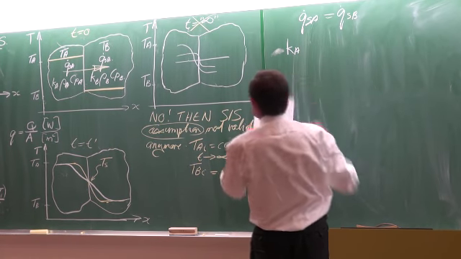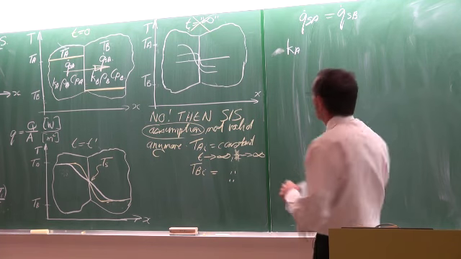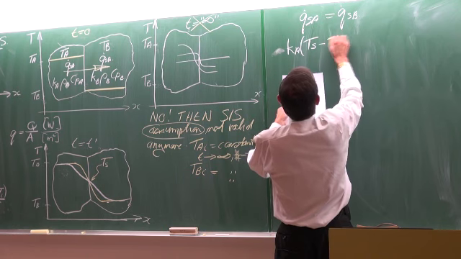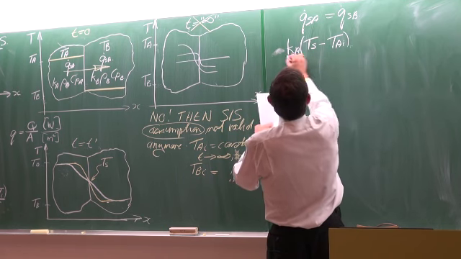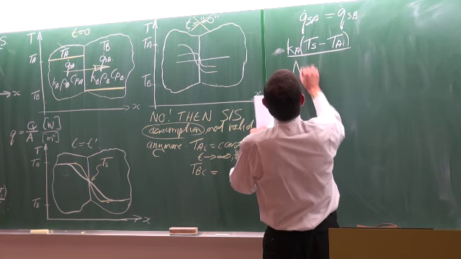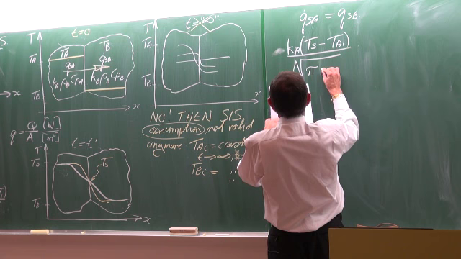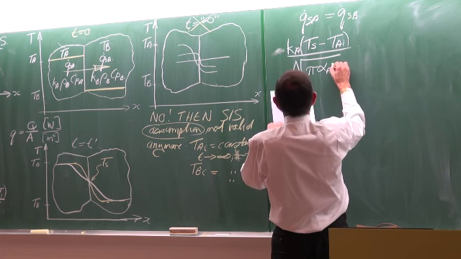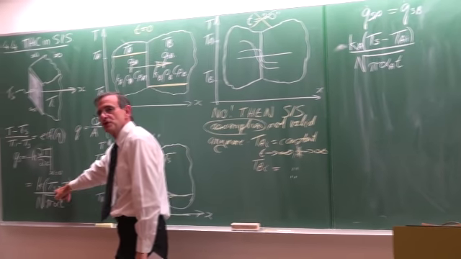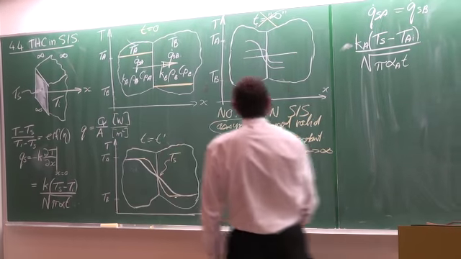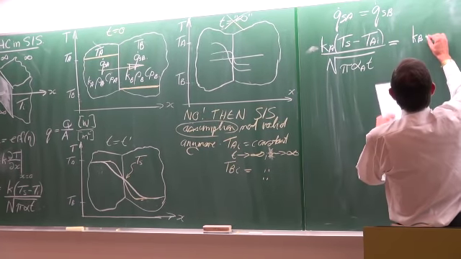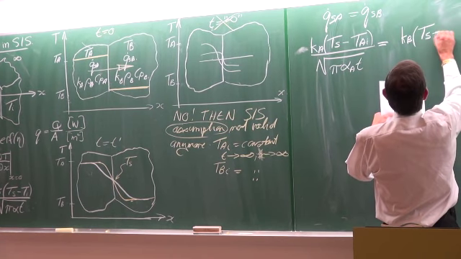K, the K of body A, multiplied by the surface temperature minus the temperature inside, divided by the square root of pi alpha t. Okay. So look at the equation. The surface temperature minus the temperature on the inside is equal to, on the B side, the same thing.